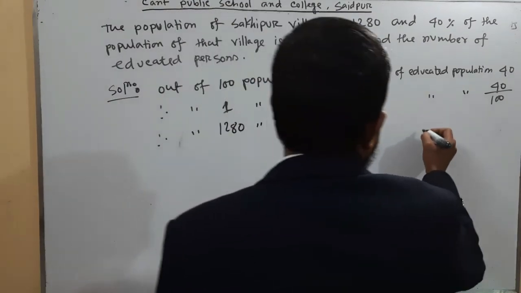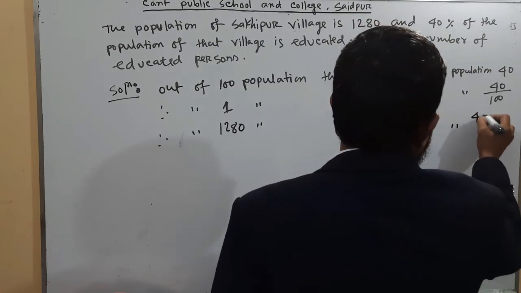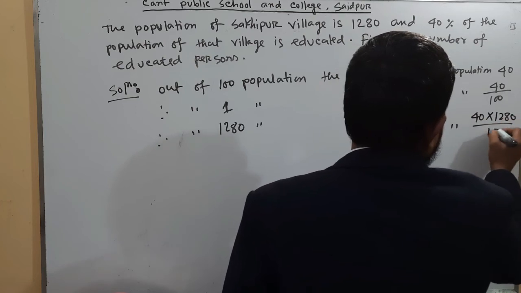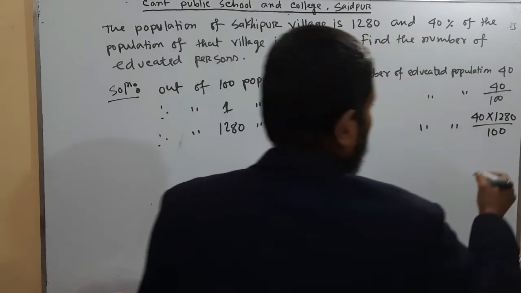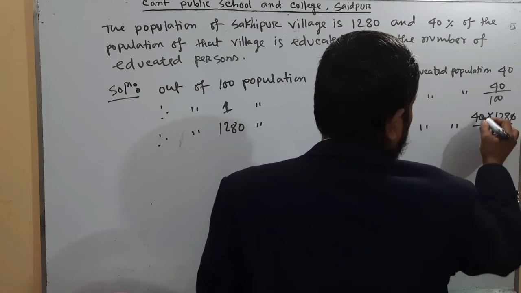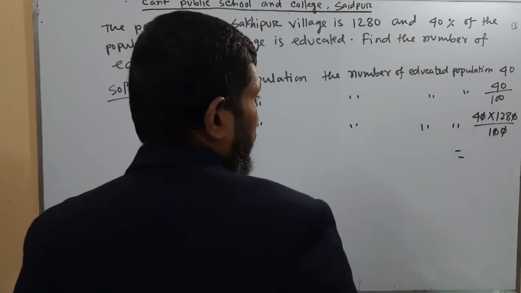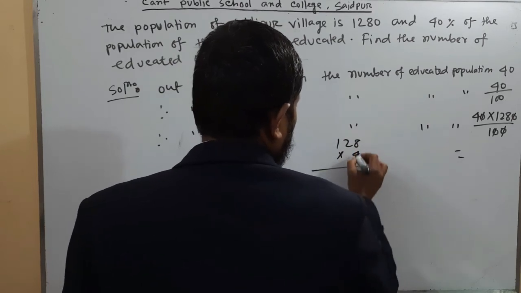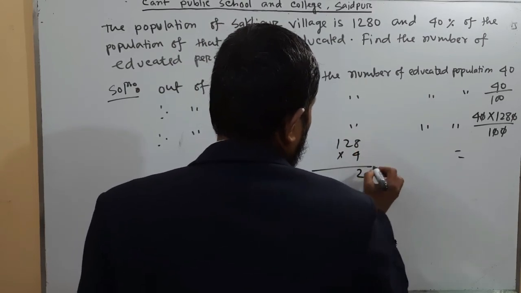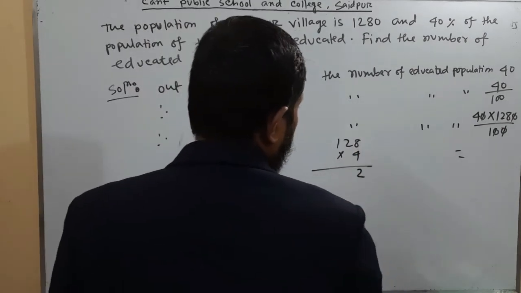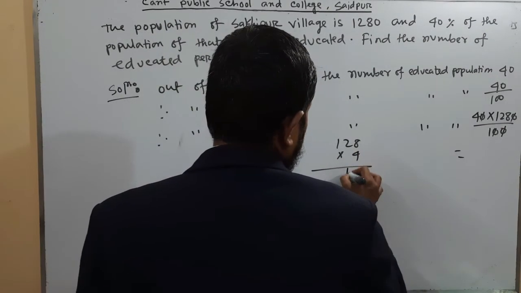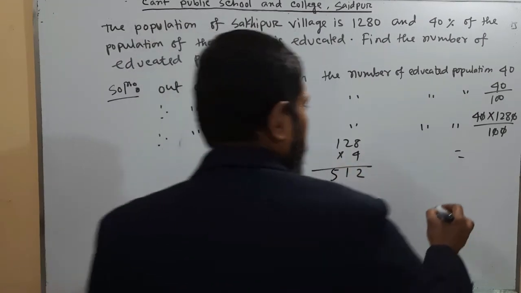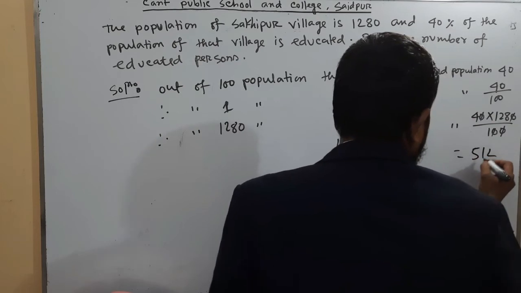The number of educated population will be 40 multiplied by 1280 by 100. 0 and this 0, if we cut, 128 times 4, 8 fours are 32, 3 is hand, 4 twos are 8 and 3 is 11, 1 is hand, 4 ones are 4 and 1 is 5, that is 512.